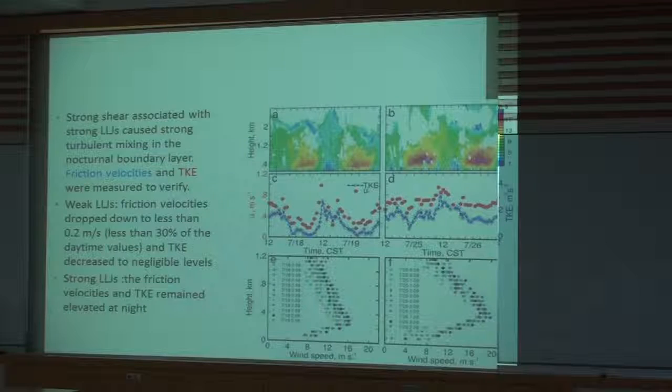So it indicates that in those strong low-level jet cases, the radiative cooling can be replaced by the mixing of TKE, and the friction effect can be replaced by the strong shear associated with the low-level jet stream in both layers, which generates a lot.